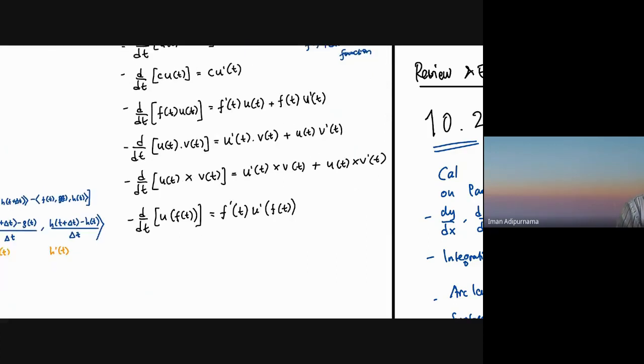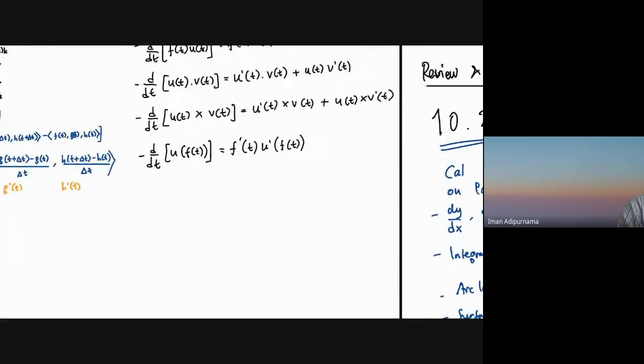So let the vector u be f1, f2, and f3, and v be g1, g2, g3.